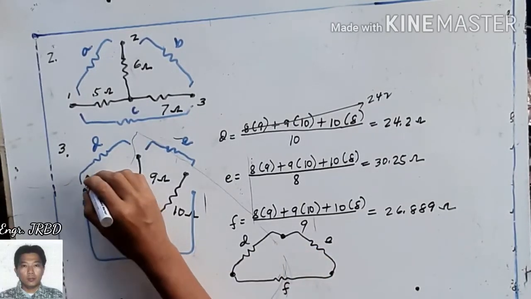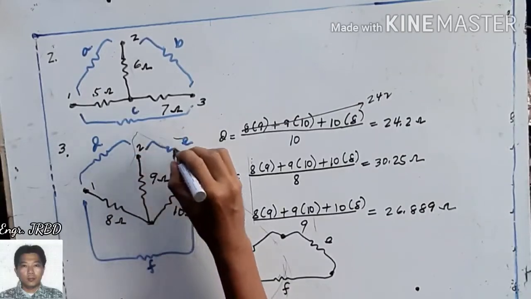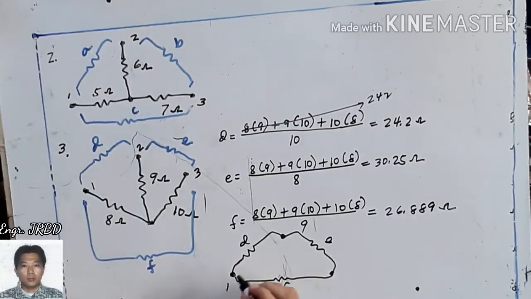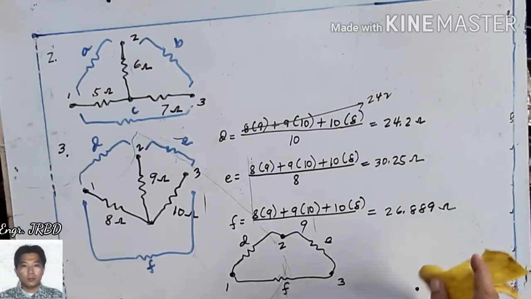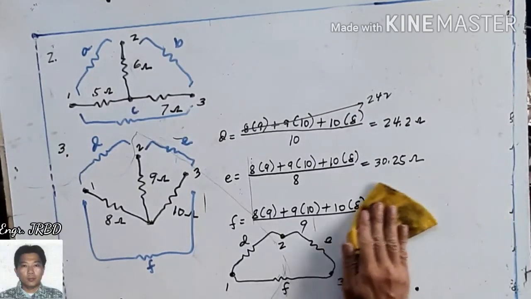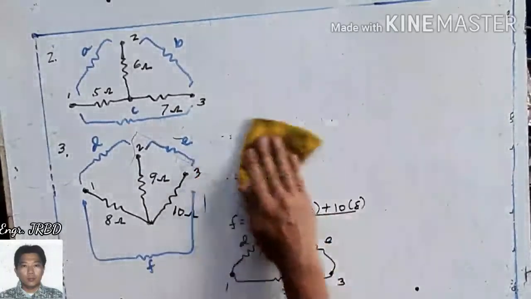Let us say that this is terminal 1, 2, and 3. Okay? So this is how you will be using your Y to delta transformation. Let us now put your formulas or principles in terms of a practice.